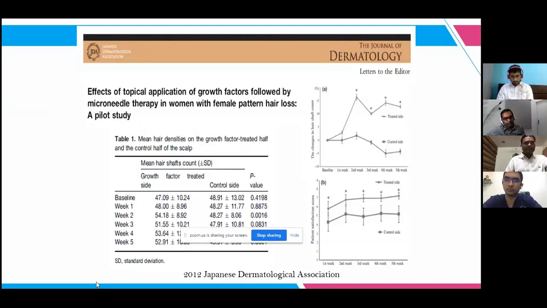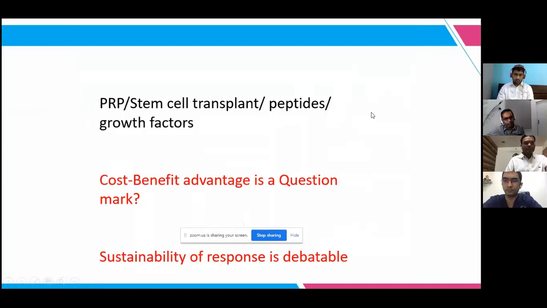They said that the graph shows there is definitely a higher response with these growth factors. But the thing is, either you take a PRP or a stem cell therapy or a peptide therapy or growth factor therapy, the cost benefit advantage is a question mark and sustainability of response is debatable. There is no doubt about that.